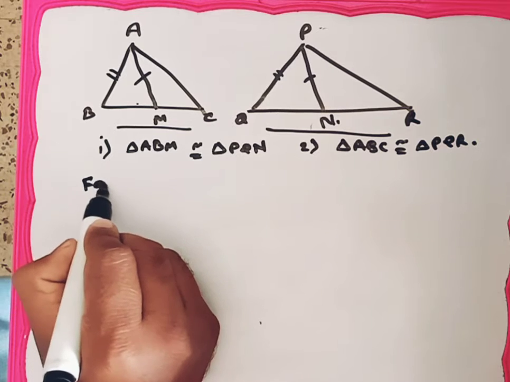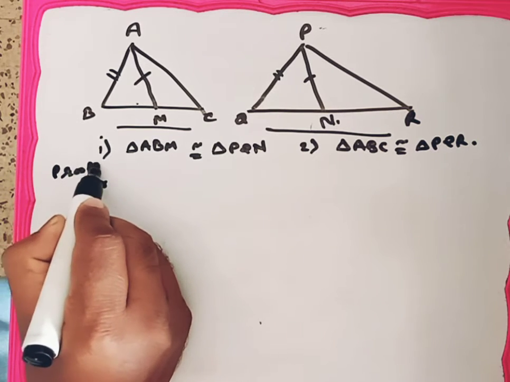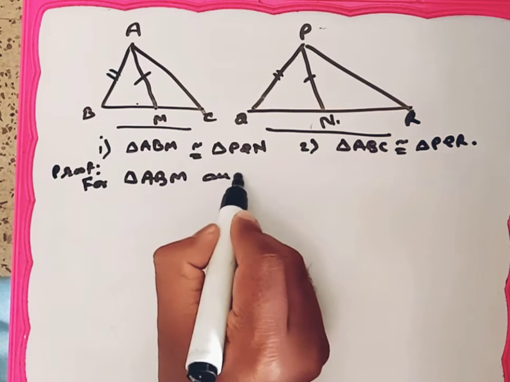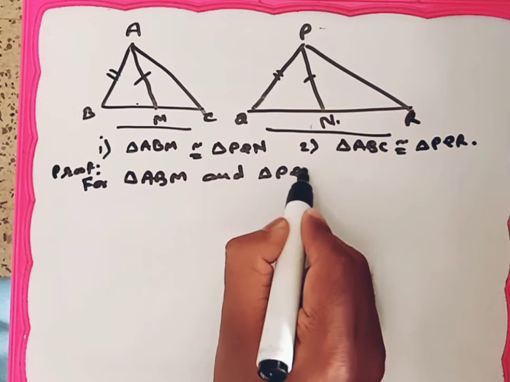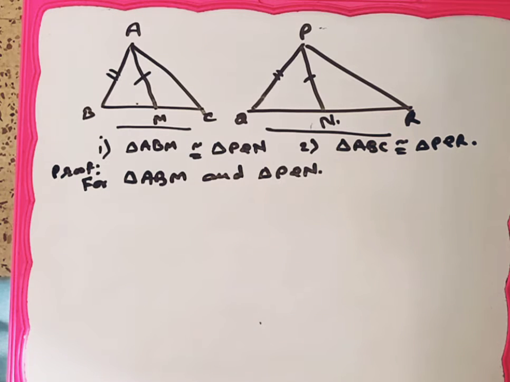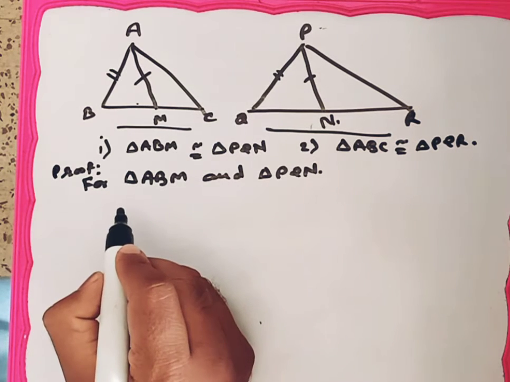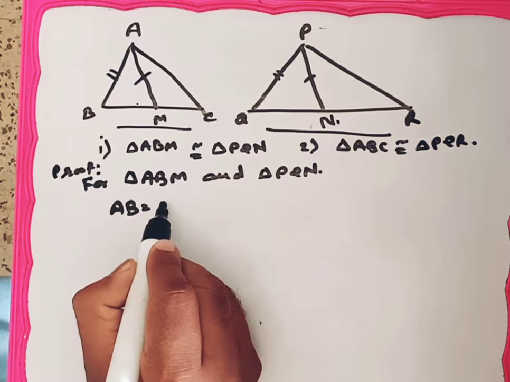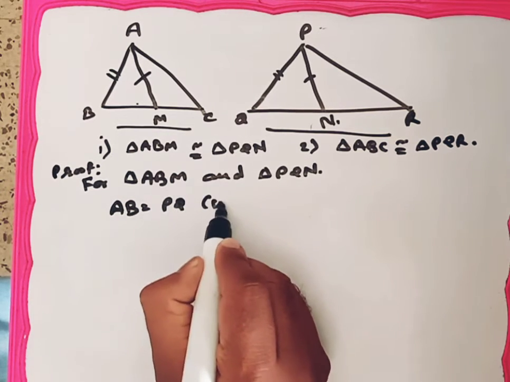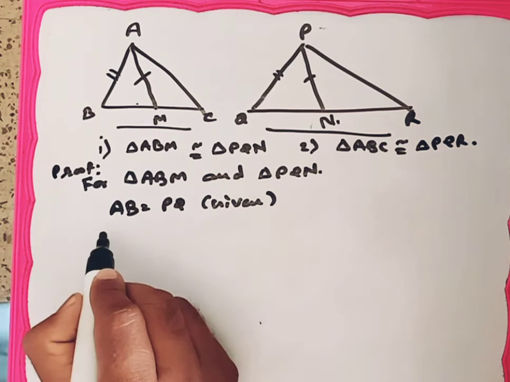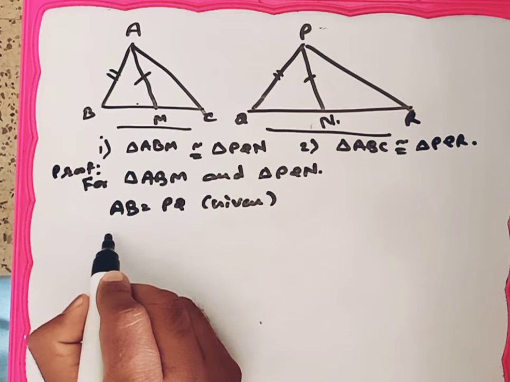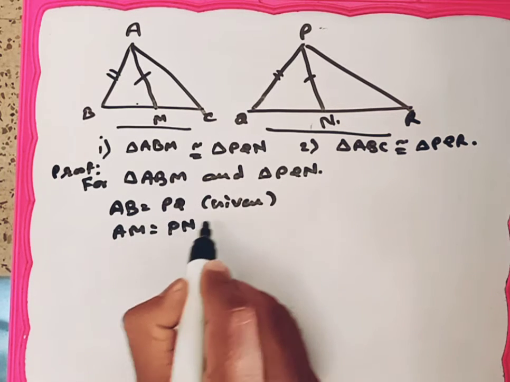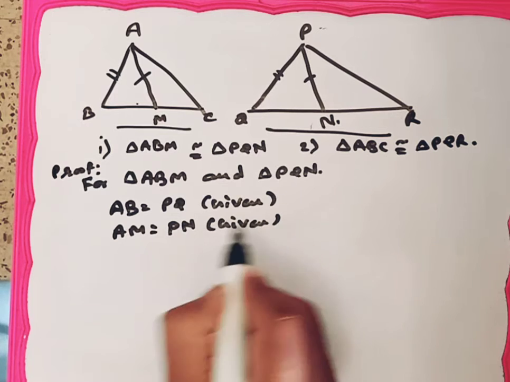So for the proof, for triangle ABM and triangle PQN, AB equals PQ, it is given. AM equals PN, it is also given.